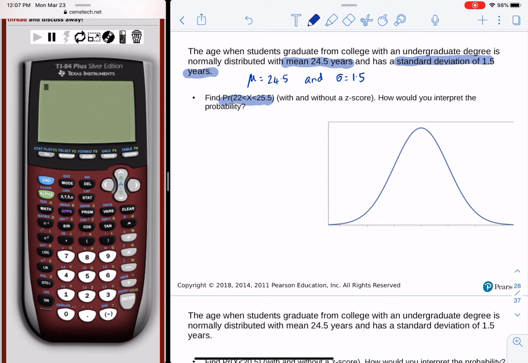So we can call X the age when students graduate from college with an undergraduate degree.